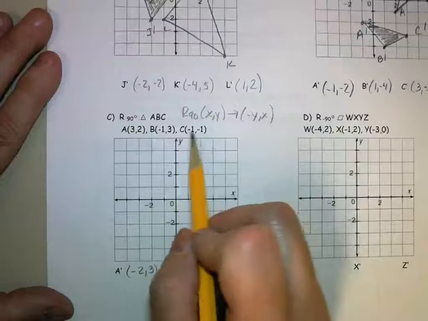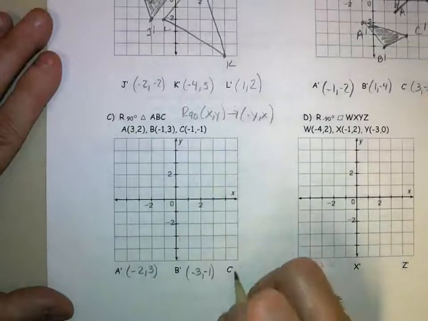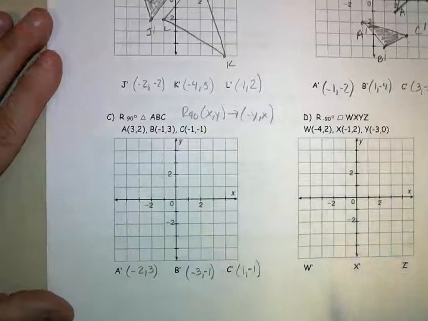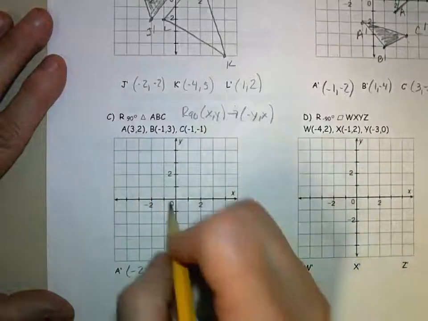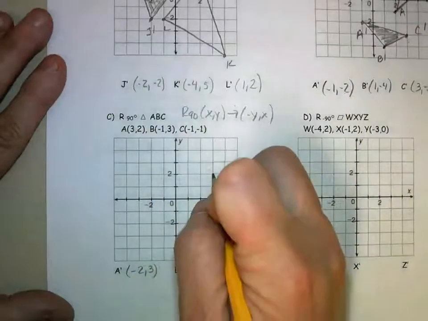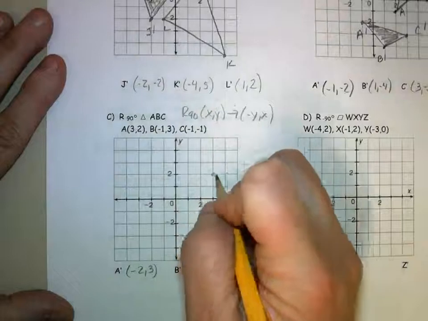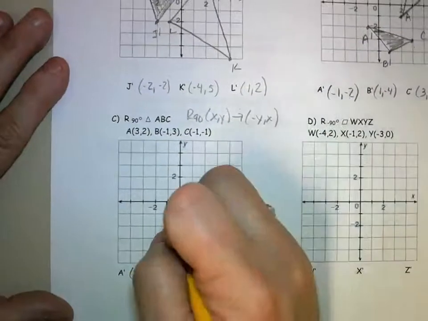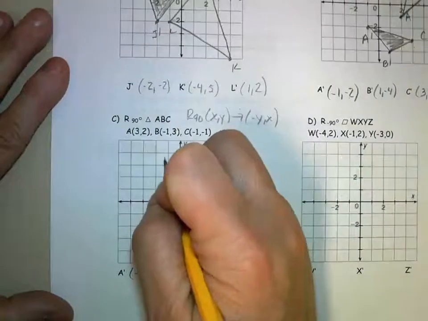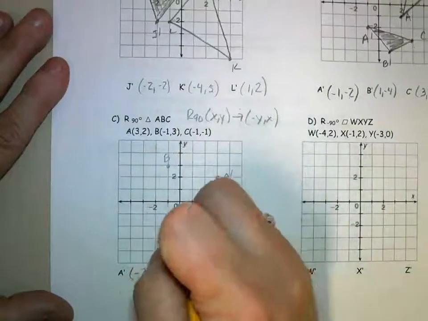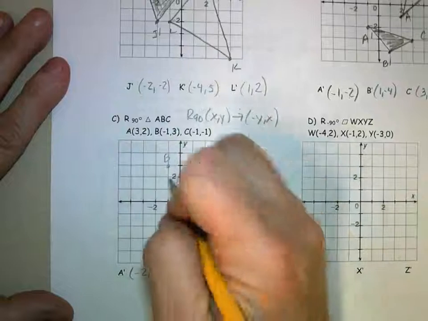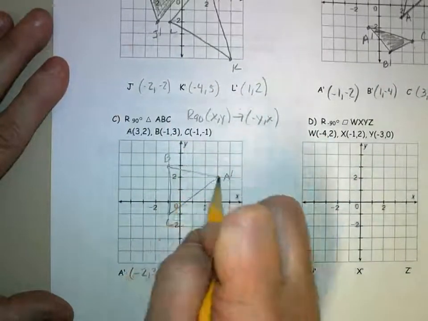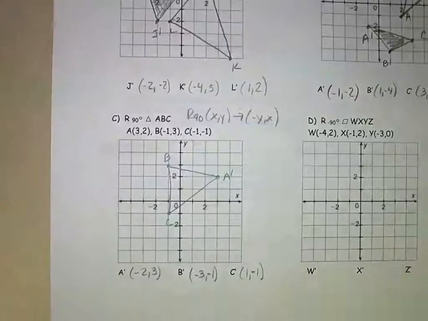And flip those around and make the first one the opposite. That would be (1, -1). So our first triangle is (3, 2), 3 to the right and up 2, (-1, 3), and (-1, -1). So there's our first triangle.